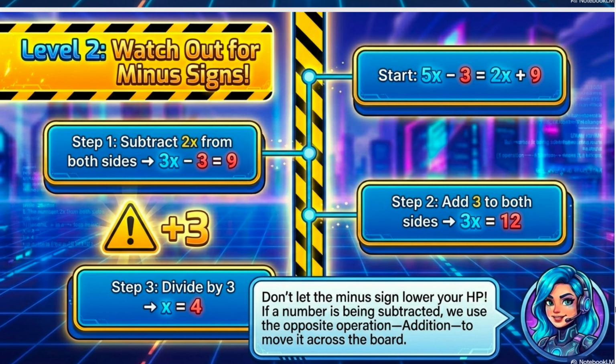So I do the opposite operation and add 3 to both sides. That gives me 3x equals 12. Then I divide by 3 and get x equals 4. This is a really common place where students make mistakes, because they forget that if a number is being subtracted, you undo it by adding.